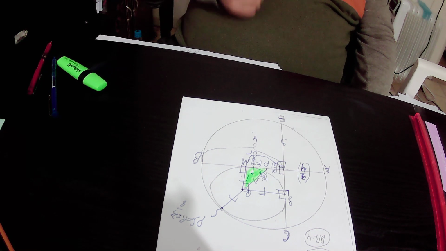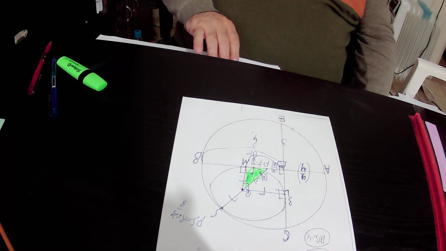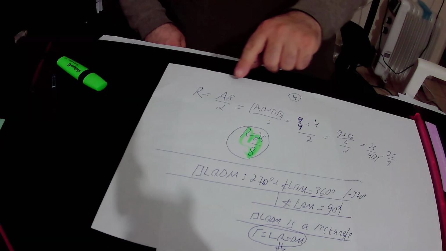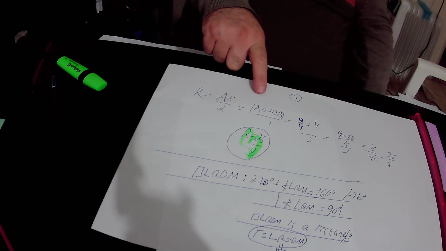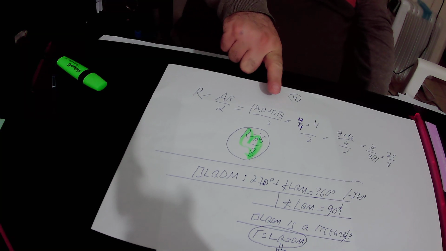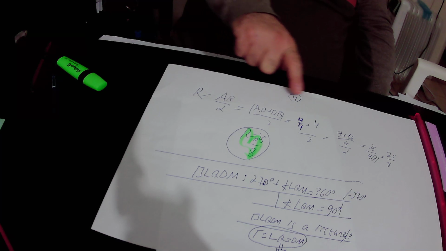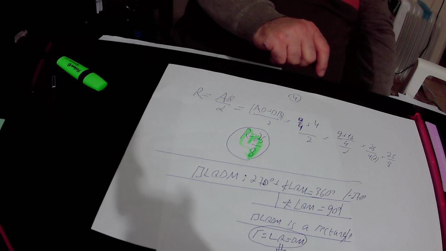If we divide the diameter by 2, we get the radius of the big circle. The radius of the big circle equals the diameter over 2, which is AD plus DB, 9 over 4 plus 4, all divided by 2.